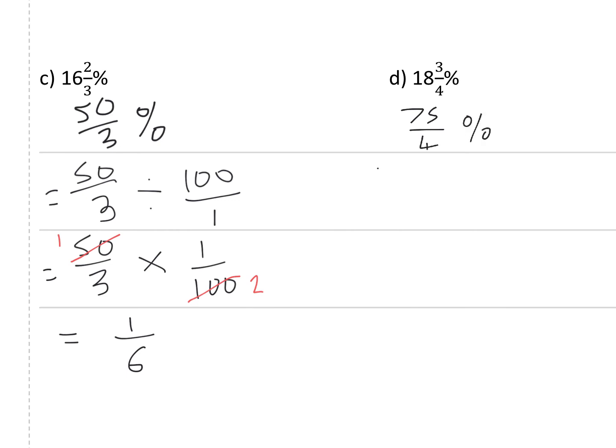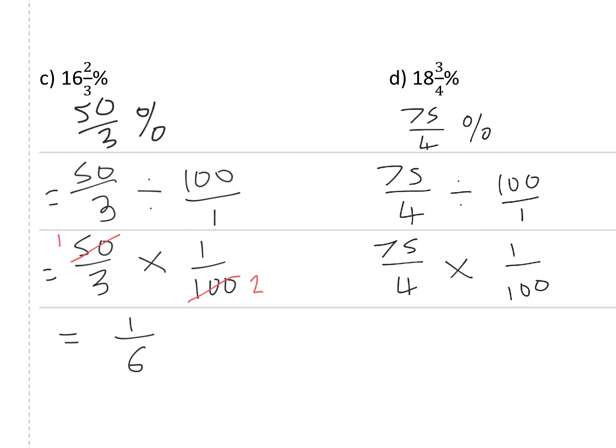Now to get rid of the percent, we write it over 100, or we divide by 100. Dividing by 100 is the same as dividing by 100 wholes, or dividing by 100 over 1. To divide fractions, we keep the first, we flip the second, and we change the sign. We can divide through by any common factors.